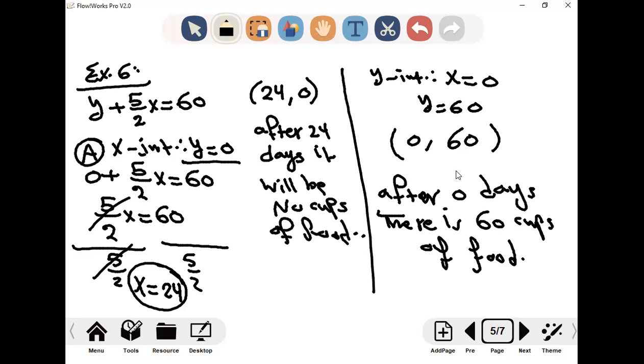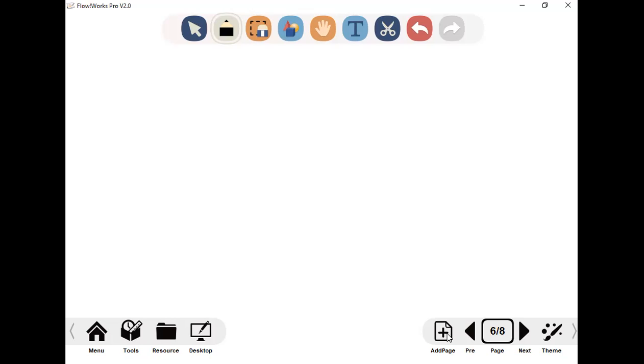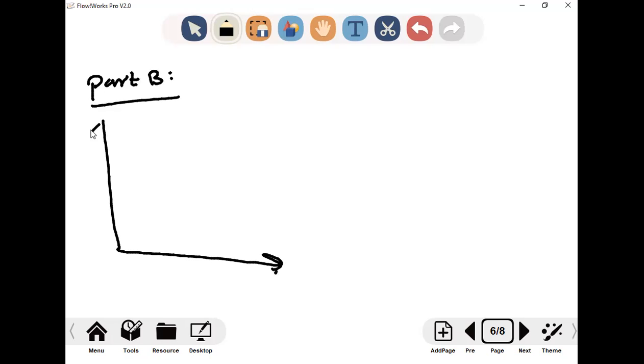Now in part B they want us to graph, because I already have the intercepts. I'm ready to graph. In part B, make the graph like this. There are no negative parts, right?